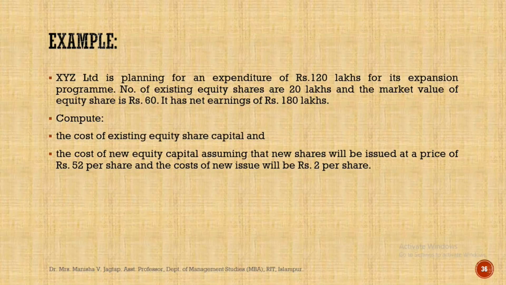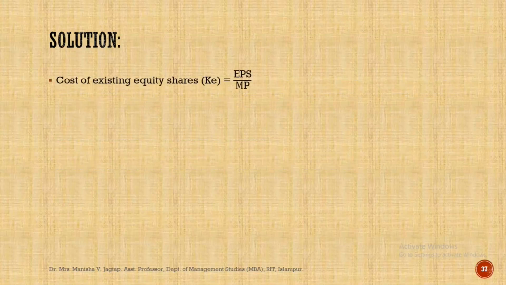So for that purpose, they are issuing 20 lakh equity shares and the market value of equity share is rupees 60 and earning is rupees 180 lakhs. Okay. So on this basis now we will apply the formula and see how much cost of existing share capital is coming. So let us solve this.